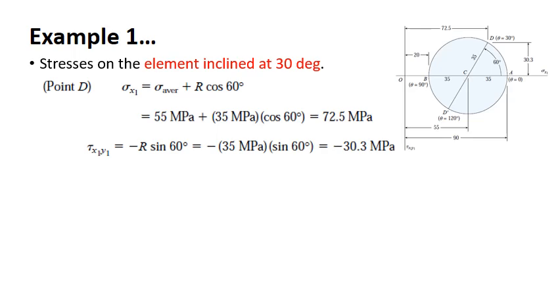So it is 72.5. What about the ordinate? That is the shear stress value. It is simply R sin 60, but we are using a negative sign because we are rotating the plane counterclockwise, so it is negative. So minus 30.3 MPa.